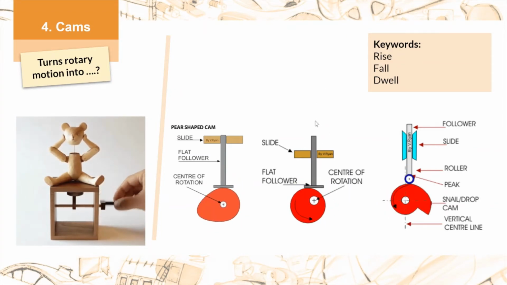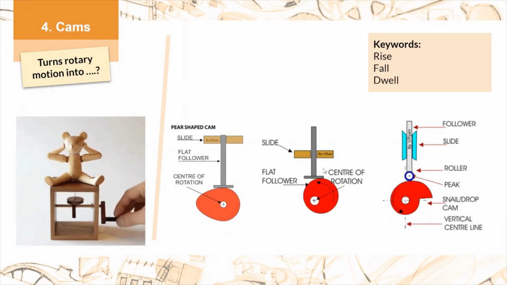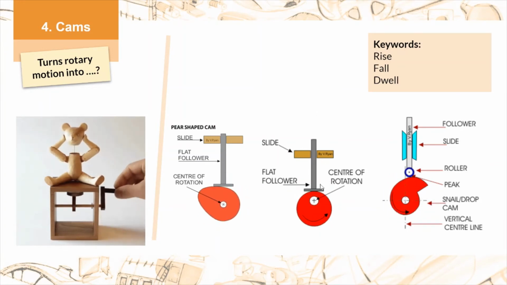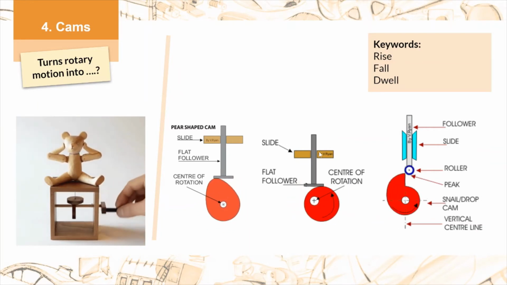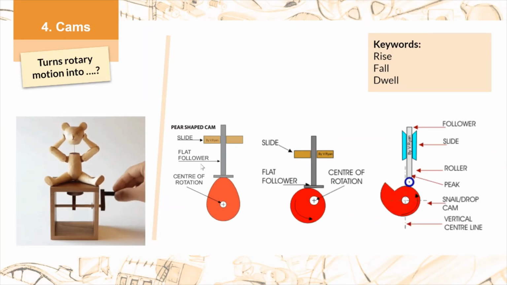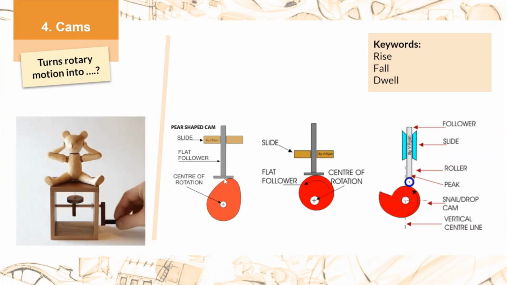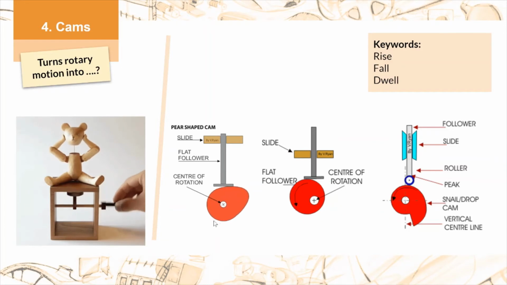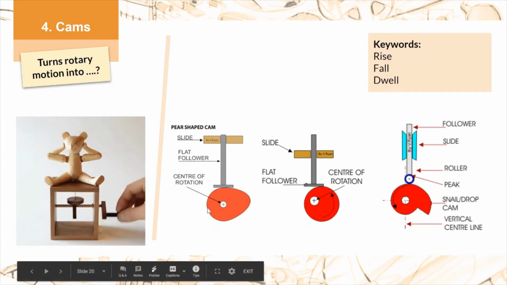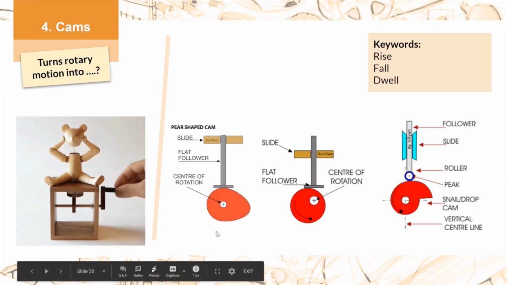So this one, how would you describe this? Well, it rises and then falls, rises and then falls. There is no dwell. Dwell is where it stops, but this one's always on the move. If we jump left and have a look at this pear-shaped cam, can you see it rises, it falls, and then it dwells for half a turn? Now that's obviously all to do with the shape of the cam.